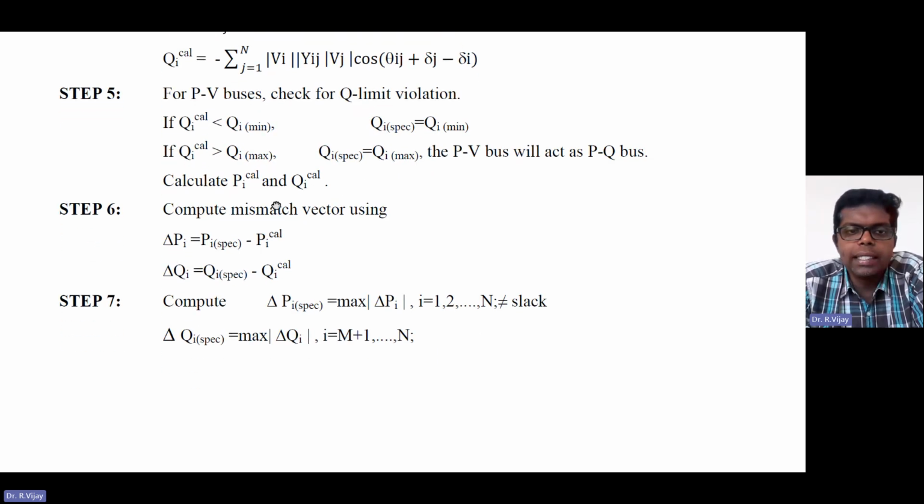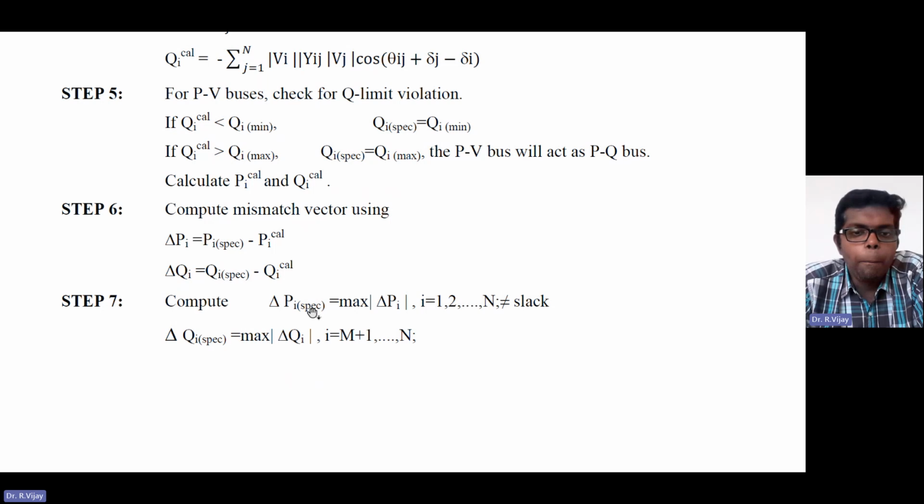Next, step number 6. Compute the mismatch vector. Del PI is equal to PI specified minus PI calculated value. Similarly, del QI is equal to QI specified minus QI calculated value. Next, step number 7.